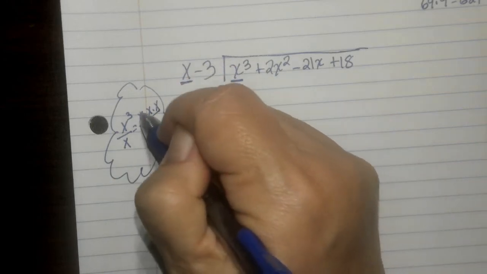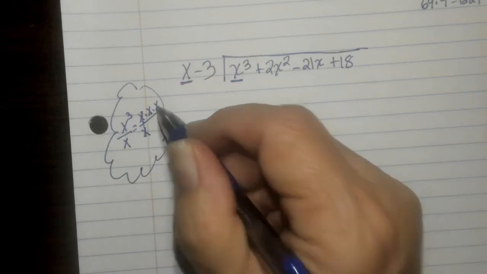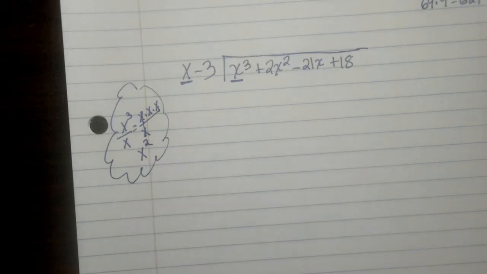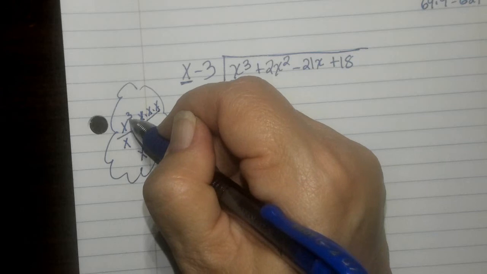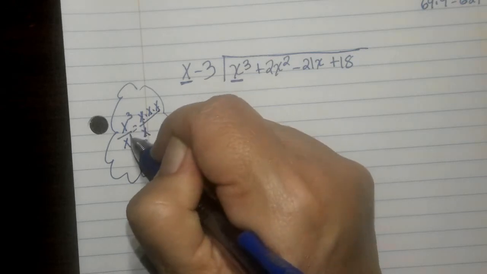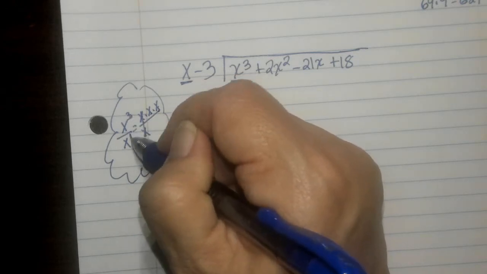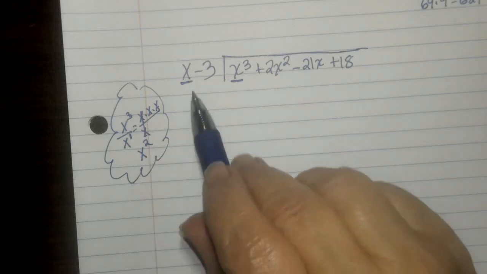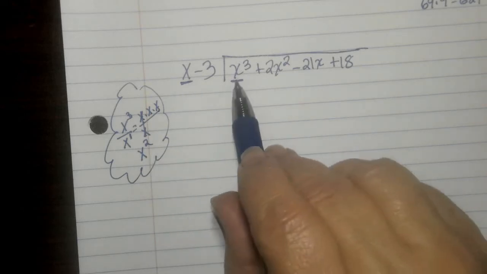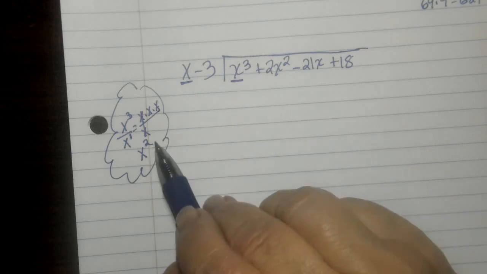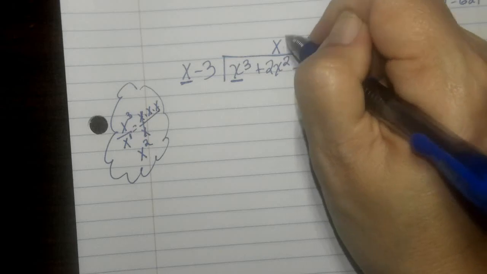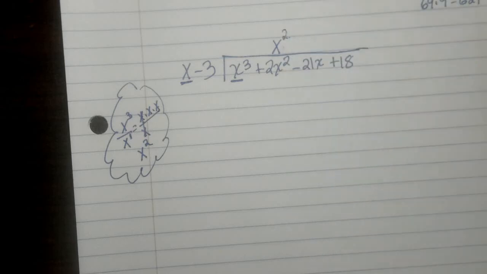X divided by x is 1. How many x's do I have left? 2. So that's x squared. If you remember your laws of exponents, when you're dividing, you can just subtract the exponents. That's how we get to x squared. So x goes into x cubed, x squared times. Now I'm going to put that x squared up here on the quotient in line with the other x squared.